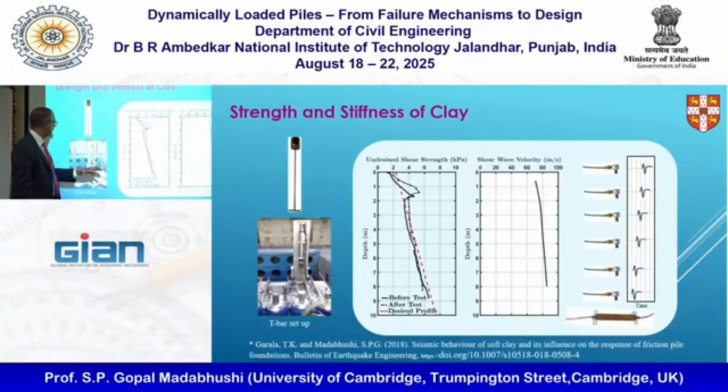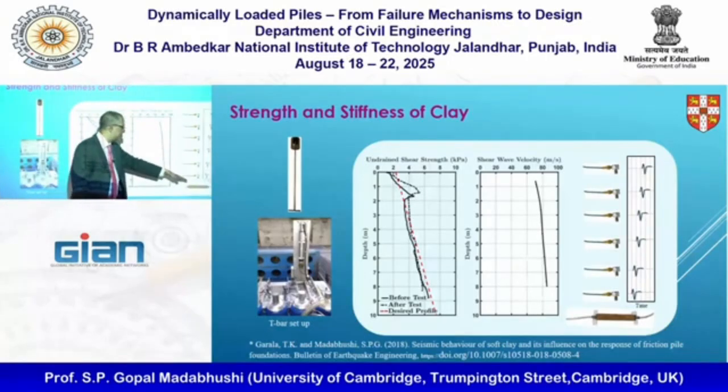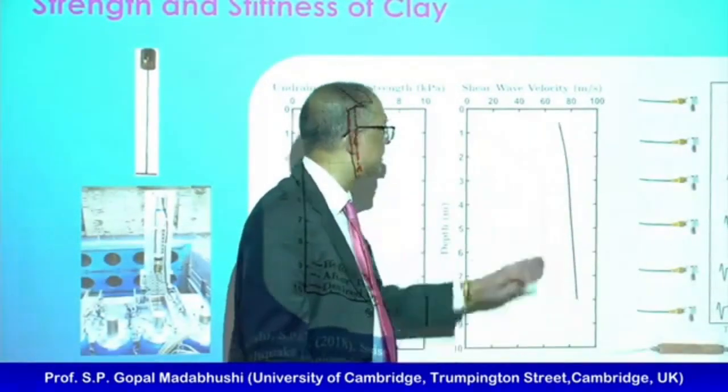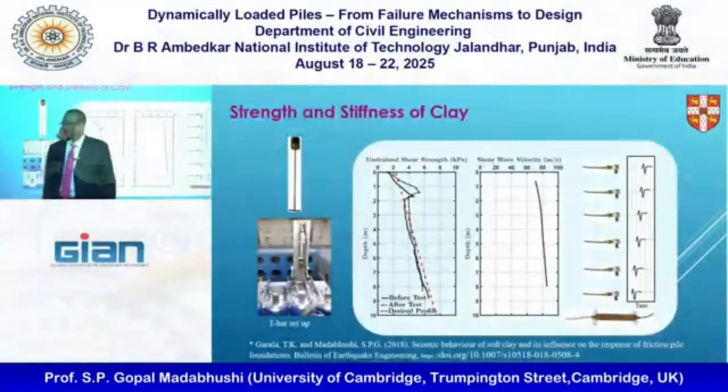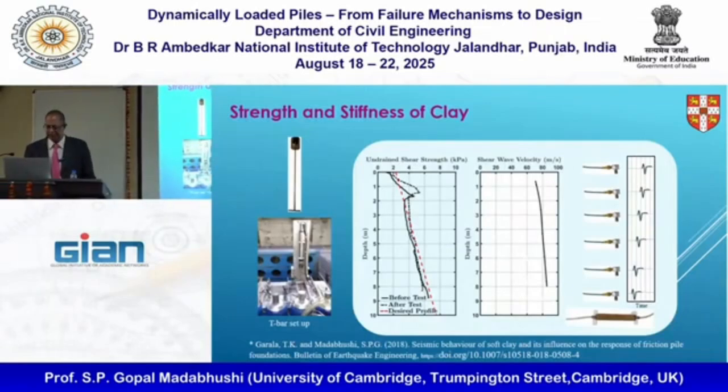We can also measure shear wave velocity using another device called an air hammer. You shake this air hammer very gently, pick up the upward propagating waves, and measure the shear wave velocity based on wave arrival times. This is all done, and again there's a paper if you want to look at that.